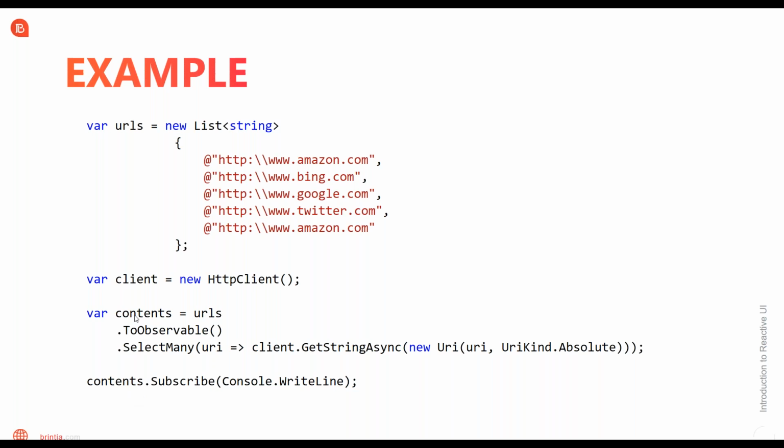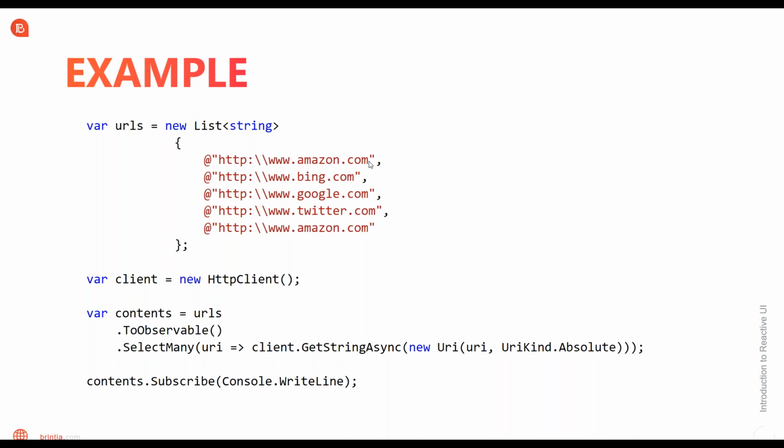once we have created this sequence that is composed of this pipeline, we subscribe to it with the console write line method. So this means that every time a new item is pushed through the sequence, that will be, in fact, this list of URLs, it will act like an observable pipe, like a pipe.